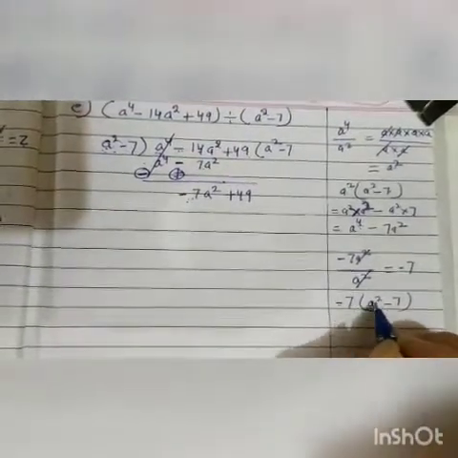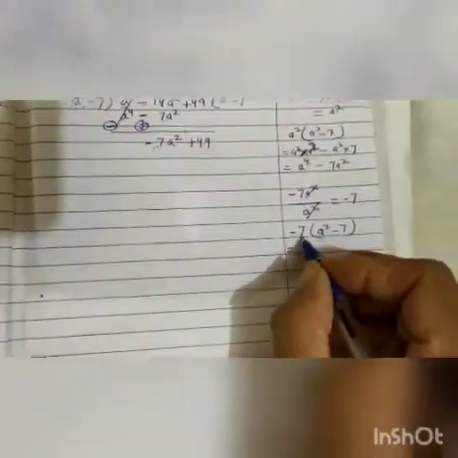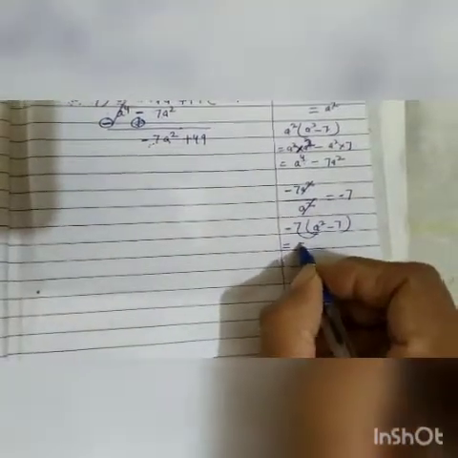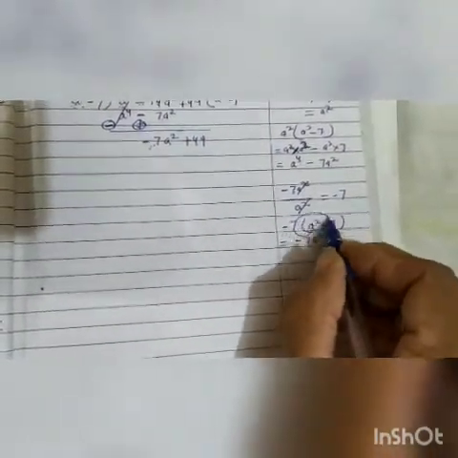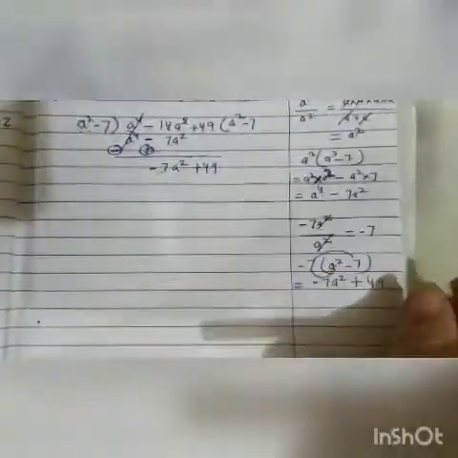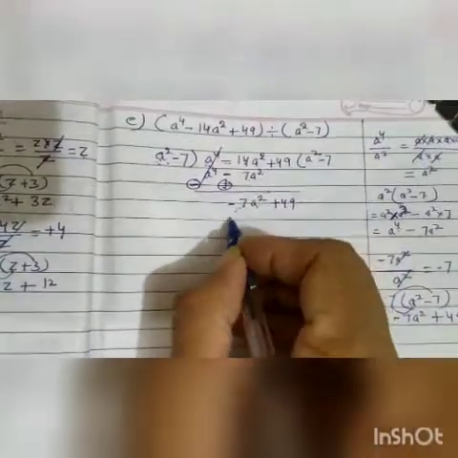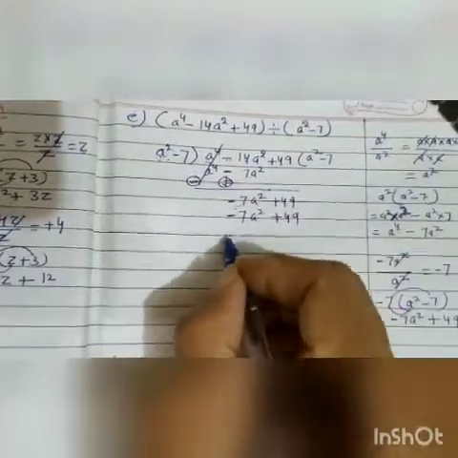Now minus 7 multiplied by a square, as we did here. So minus 7 multiplied by a square will be minus 7a square. Minus 7 multiplied by minus 7 will be plus 49. We will write this minus 7a square plus 49 here.